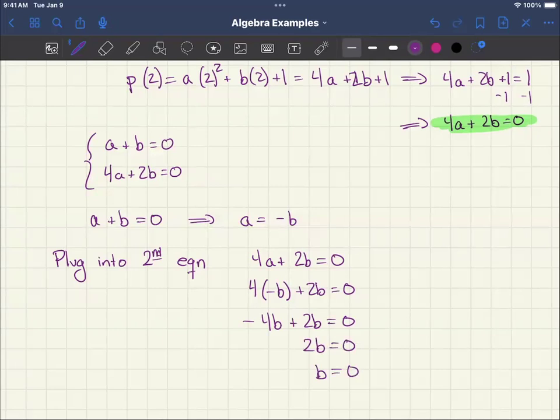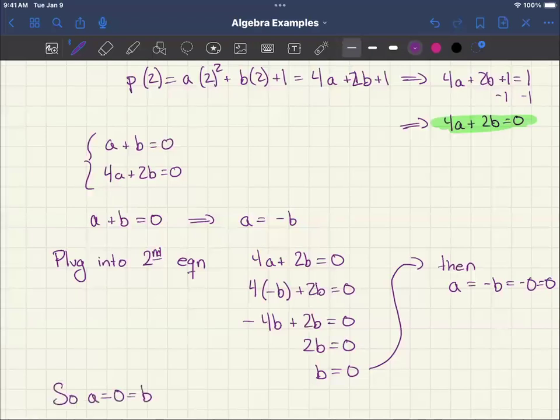Oh my goodness. And if b is equal to 0, then a is equal to negative b, which is negative 0, which is the same as 0. So what that tells us is that a is equal to 0 is equal to b, and our polynomial p of x is equal to 0 times x squared plus 0 times x plus 1.